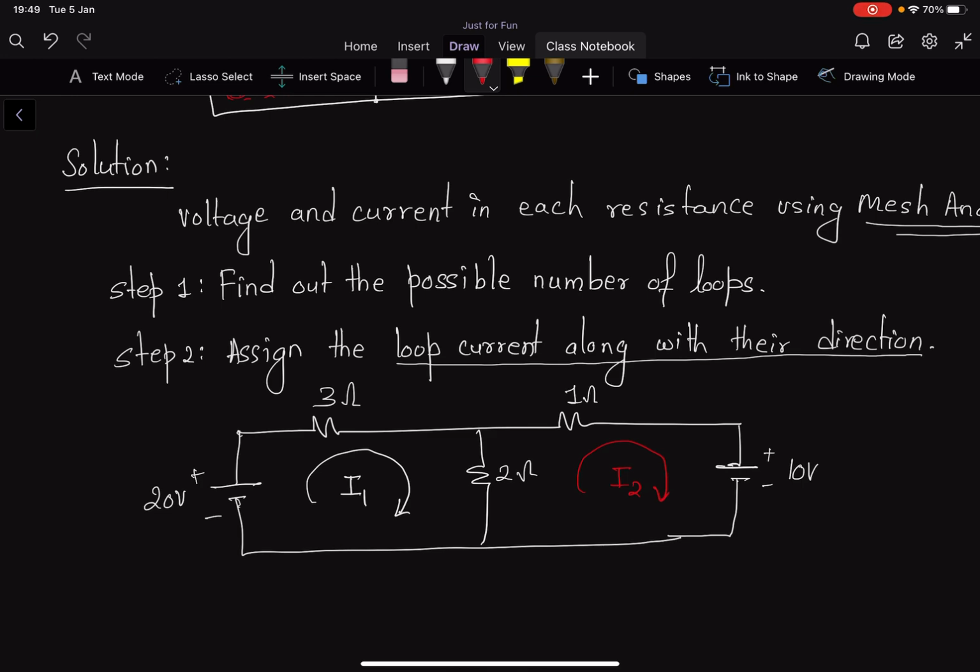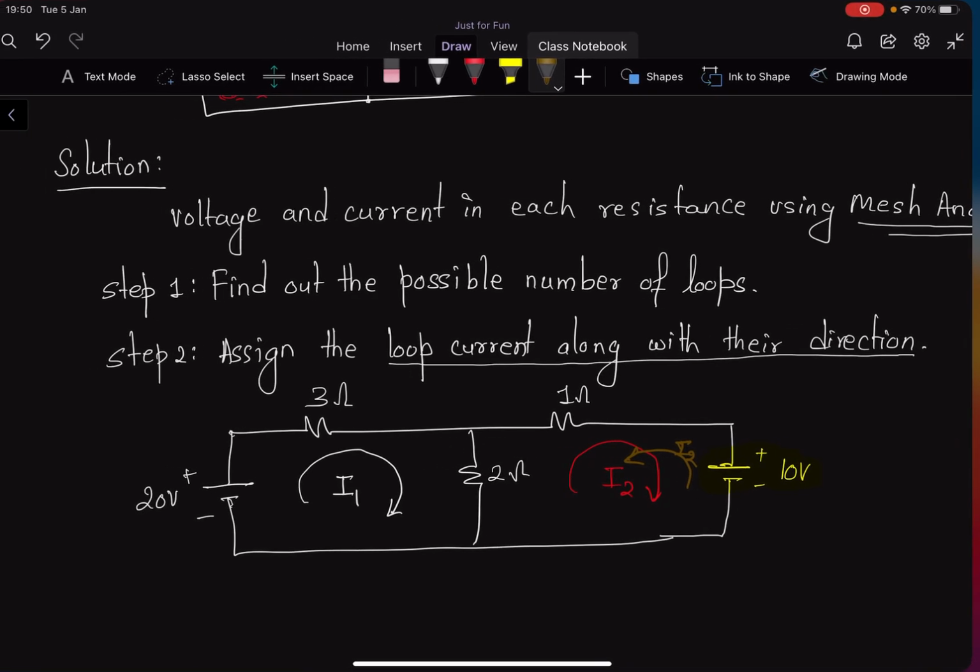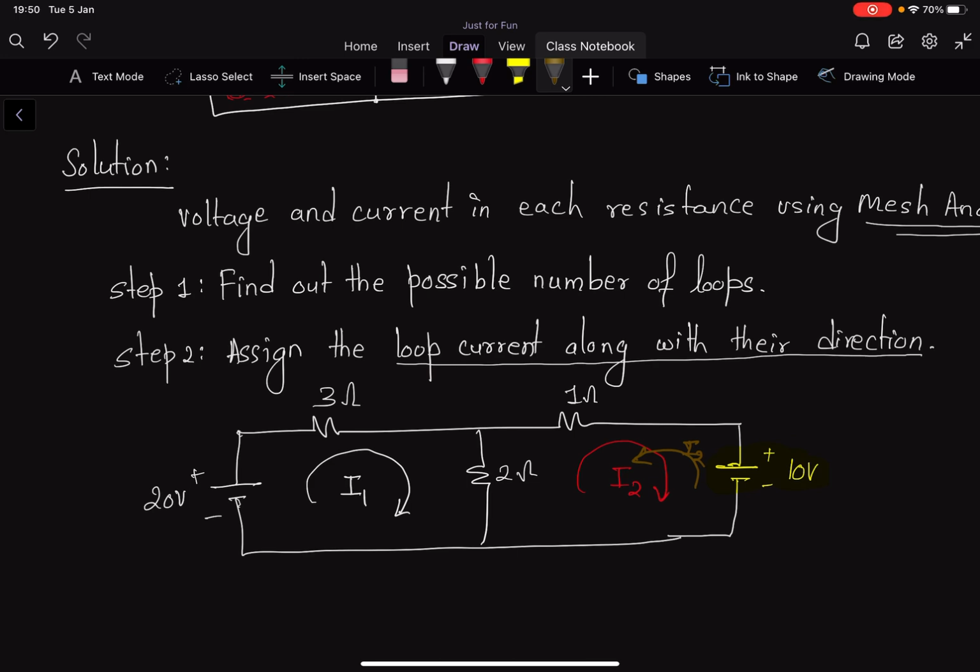You can see the way I have defined I2. If you look at the voltage source here, you should assume your direction according to the voltage source. In reality, the current direction will go from the positive terminal towards the load, so that's how the voltage will move the current around.